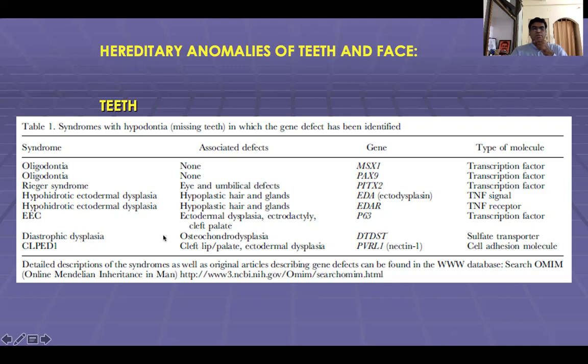Diastrophic dysplasia, osteochondrodysplasia will be observed. DTDST is the gene, and sulfate transporter is the molecule. CLPD1 is the syndrome, in which cleft lip palate, ectodermal dysplasia will be observed, and PVRL1 or nectin-1 is the gene, and cell adhesion molecule is the type of molecule.